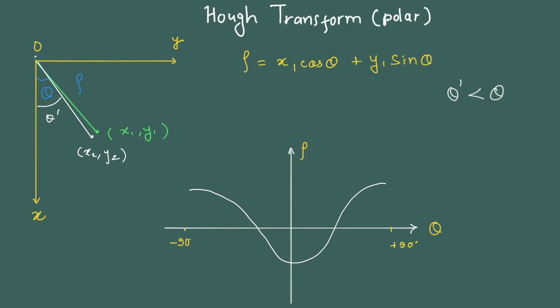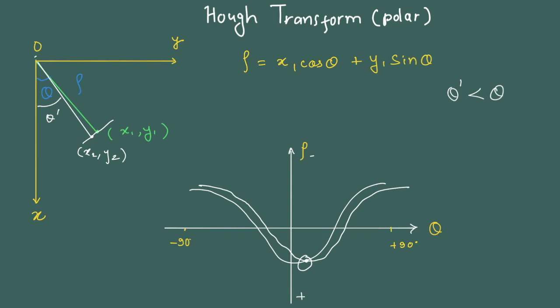We will have a new sinusoidal wave which will be shifted because here theta value is different. Another wave. These 2 points will be coinciding in the particular rho theta plane for which they are collinear.